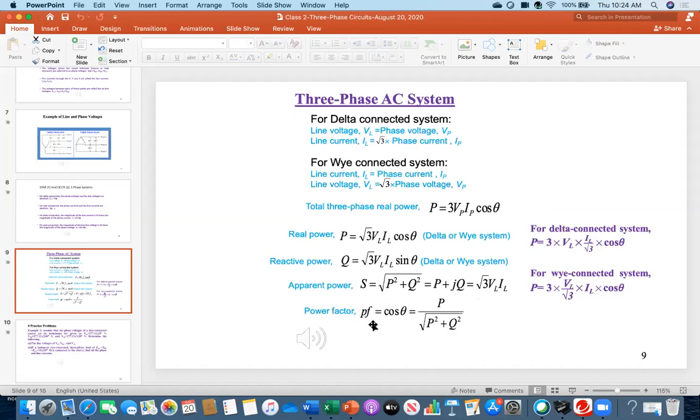You all know the definition: power factor cos theta is real power over the apparent power. Real power is expressed in watts, reactive power in reactive volt ampere, simply the var, and apparent power in volt ampere.